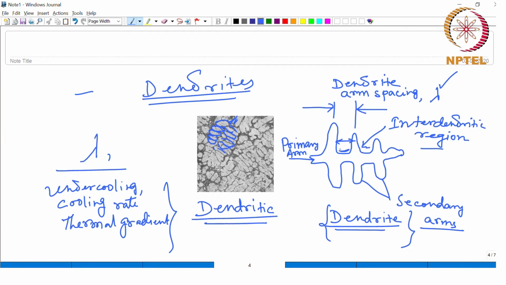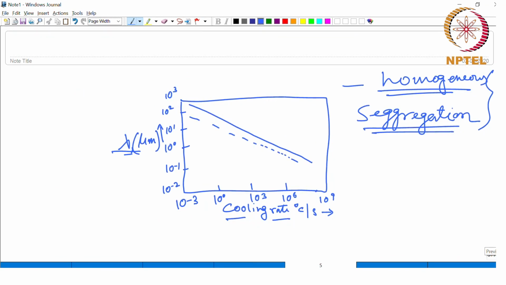So, controlling the microstructure has its advantages not only in terms of refining the structure of the material, but also to make it more homogeneous. Okay.